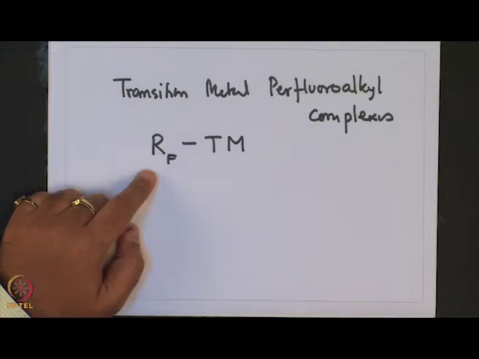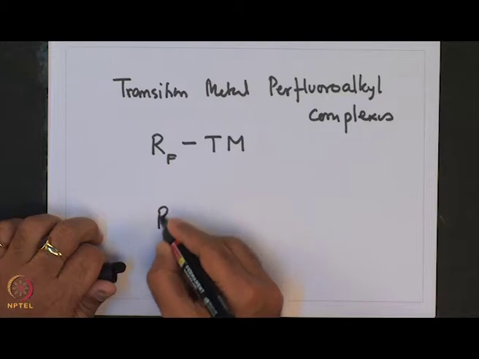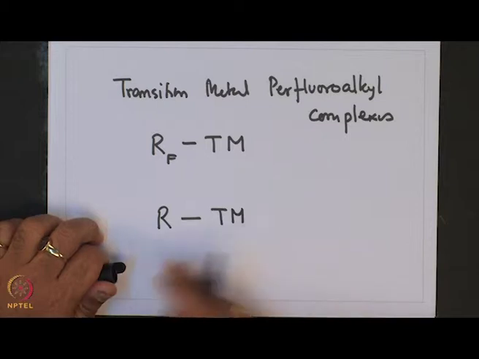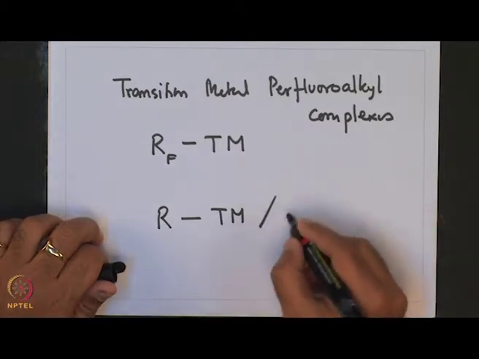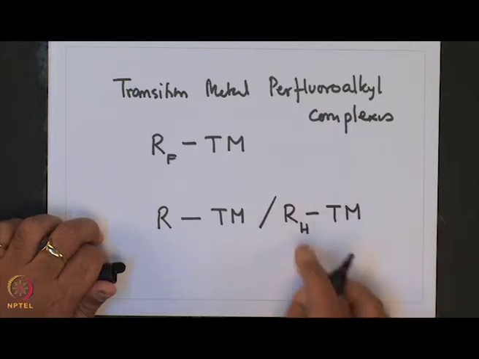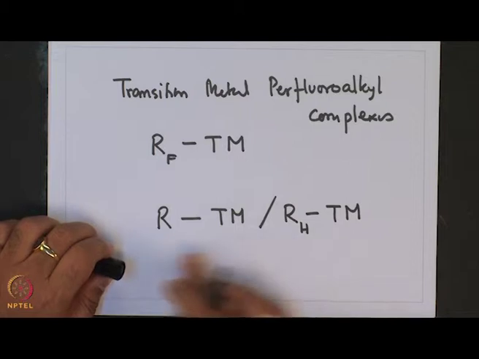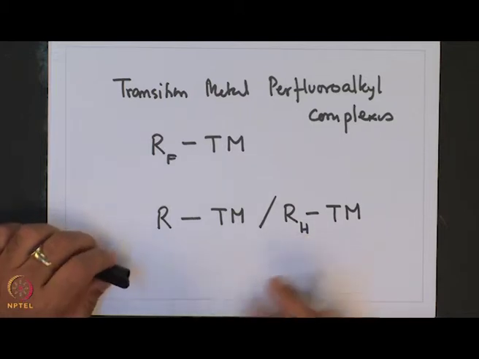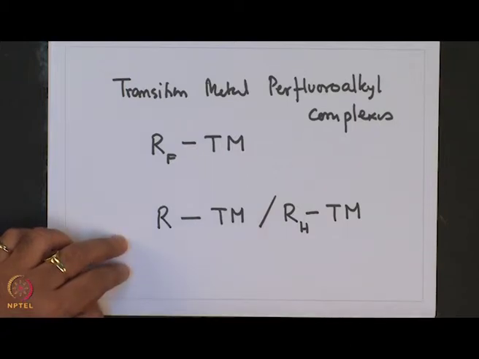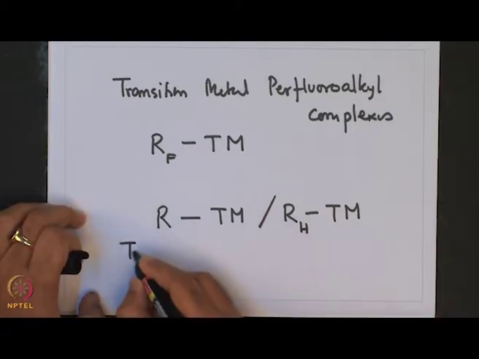Now, these compounds bear analogy to the simple transition metal alkyl complexes, which are also given by R T M, where R is an alkyl group, or one may also represent the same as R H T M, where all the alkyls have hydrogen substituents on it, to be more precise. So, transition metal alkyl complexes are represented as such.